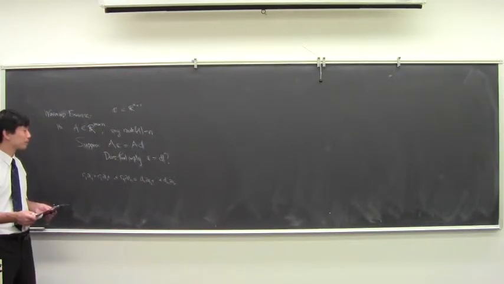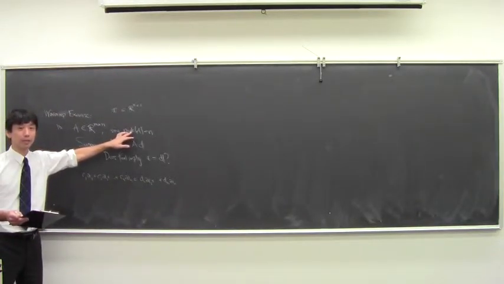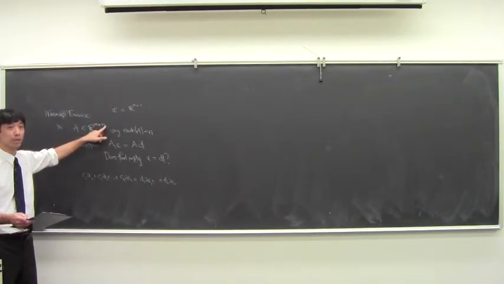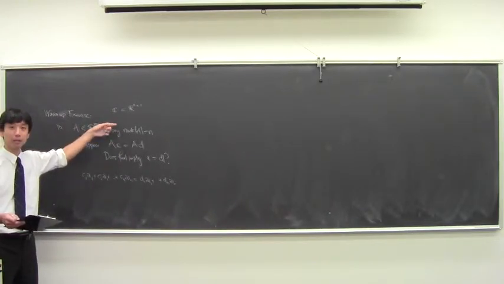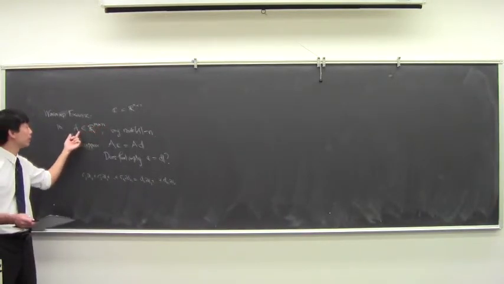If we assume that A is, so all the columns of A are linearly independent, because the rank is n. Well, the rank is the dimension of the column space as well as the dimension of the row space. So in particular, you know that the columns of A are linearly independent.